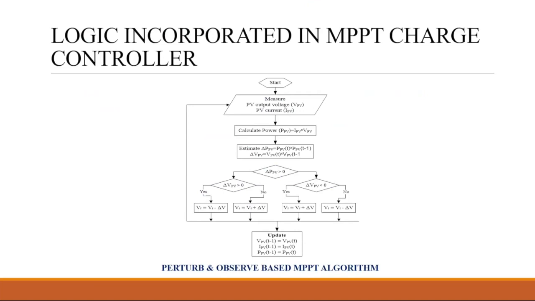This is how the algorithm works. This graph is important: at the maximum power point, dP by dV is 0. Now imagine we are here. Let's say this is point A and this is point B.